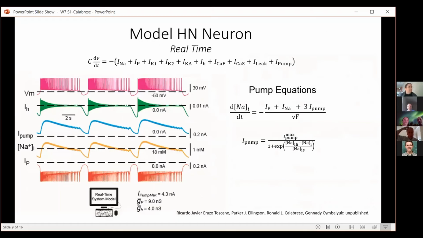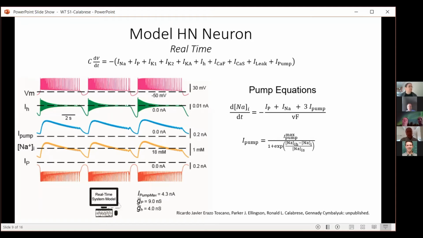And so again, I've just simplified the pump equation so you can see the major players. I'm not giving you the components of the H current and leak, but just to remind you of the model. And now I'm showing you that same model as a single neuron. So this is what the single neuron does that came out of that half center.